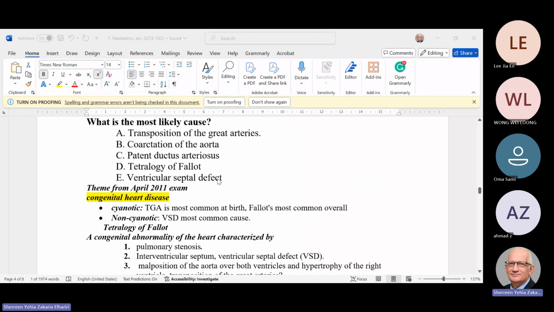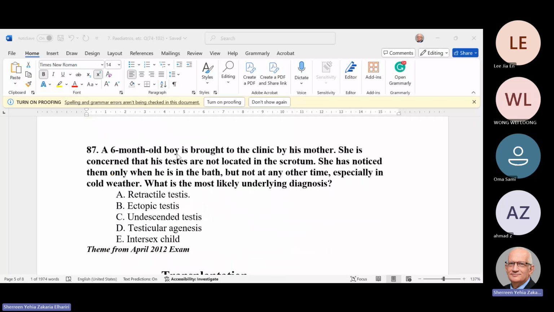All right, next question: a 6-month-old boy is brought to clinic by his mother. She is concerned that his testes are not located in the scrotum. She noticed them when he is in the bath, but not at any other time. In cold weather, one protection of the testes is shrinking of the scrotal skin. So if he takes a bath with warm water, the testes are found in position.